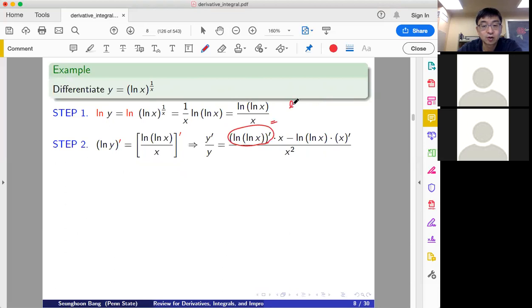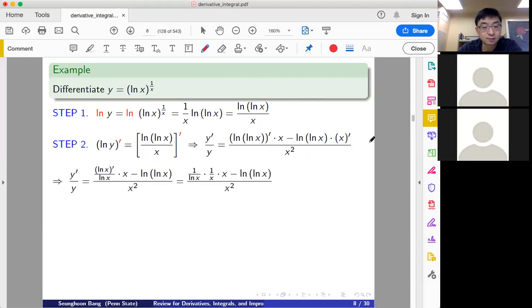You can use the chain rule, inner function prime over inner function. This is 1 over x, over ln of x, same as 1 over x times ln of x. Oh, sorry, x prime is not 1 over x. So 1. Sorry about that. This is 1.